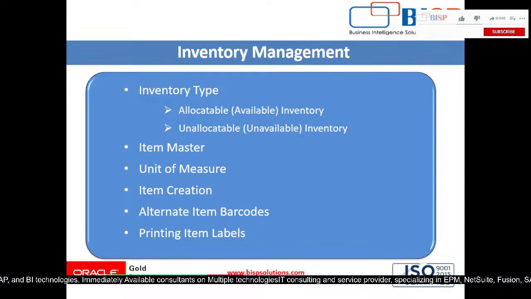In the same way, we have the unavailable, or you can say unallocatable, inventory. This inventory is any inventory that is either allocated for an outbound order or is in a status that is not allowed for any location.